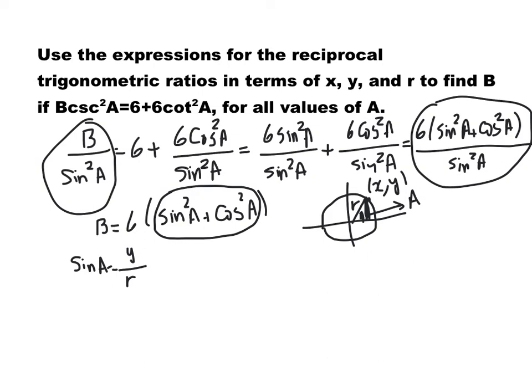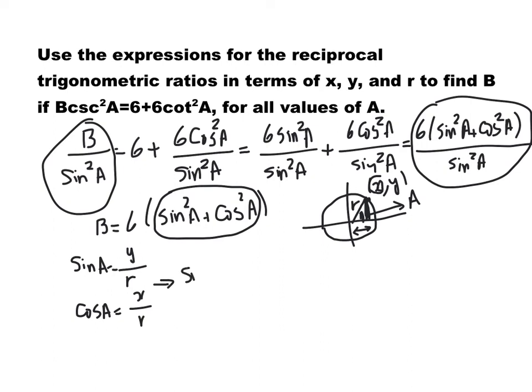The cos of the angle A is adjacent. Adjacent is this side, but this side is the x coordinate. So I can write that cos A is x over r. Now let's square both of them and add them up.